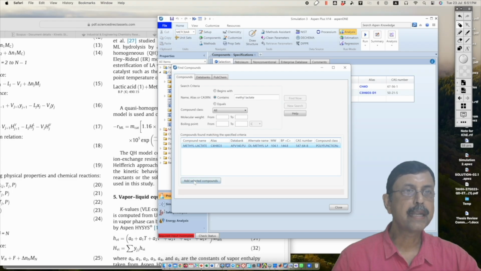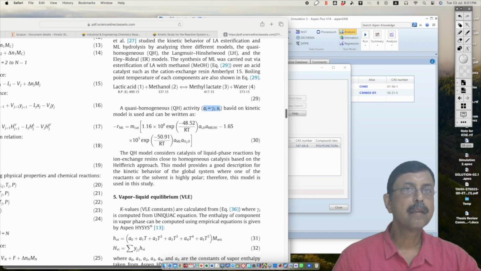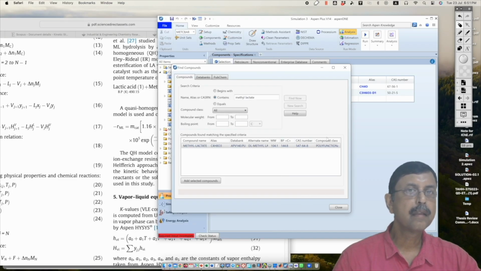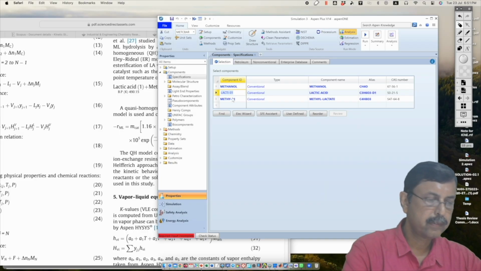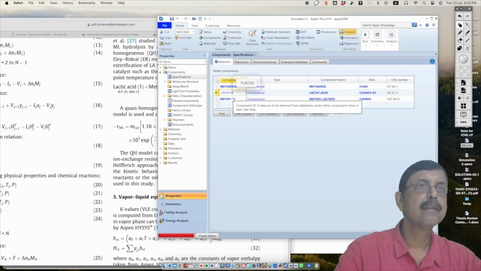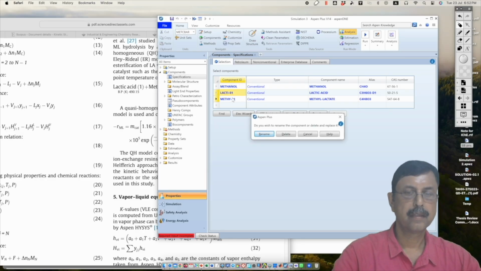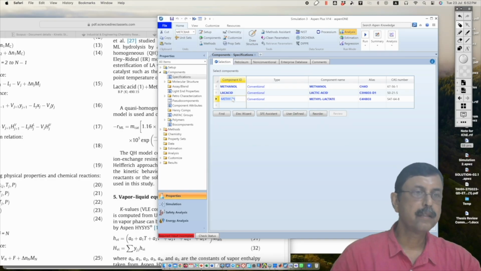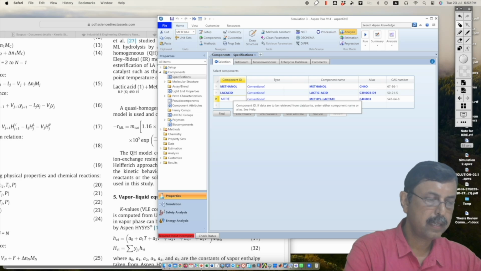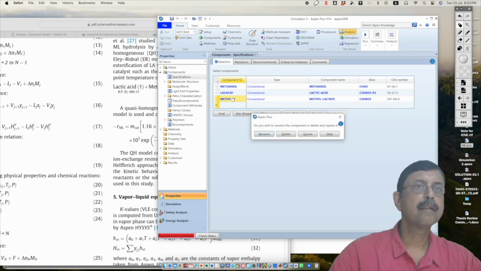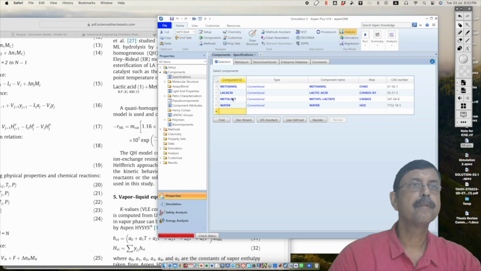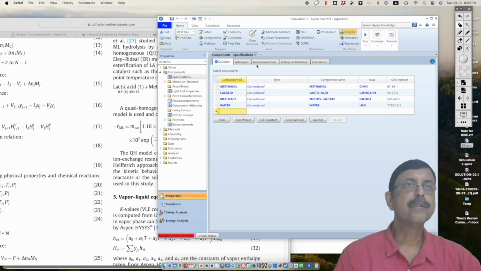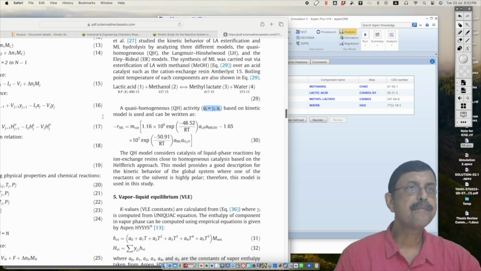So this is methyl lactate, and lastly water. Okay, so these are the four components that we have.